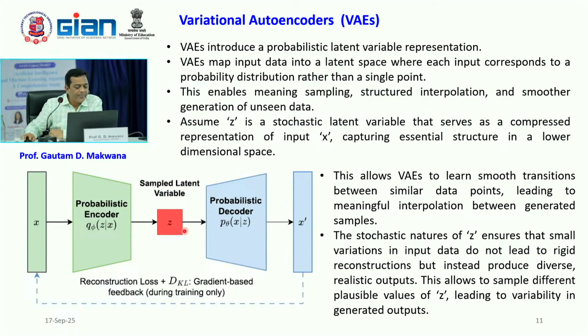Now, in the same way, from this Z we get a reconstruction of the data at the decoder. The decoder, using this sampled latent variable, will reconstruct the data, or it can generate new content.